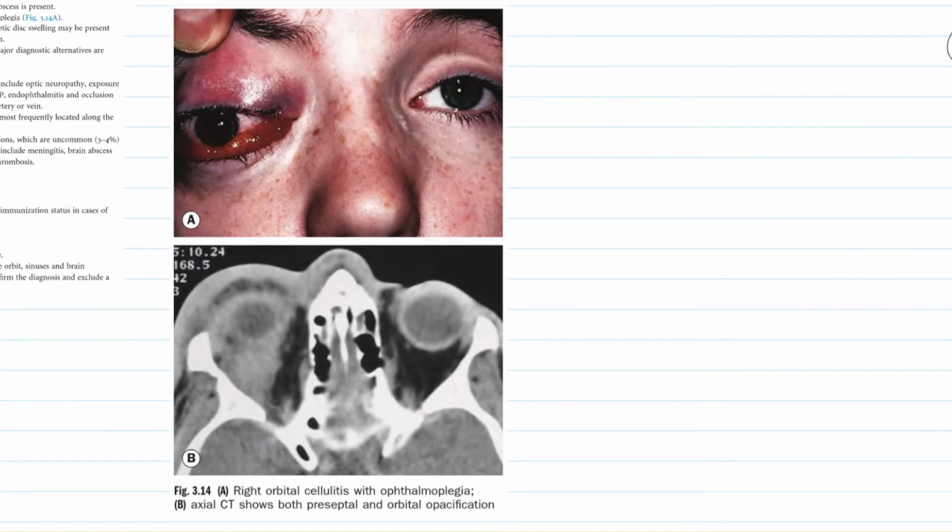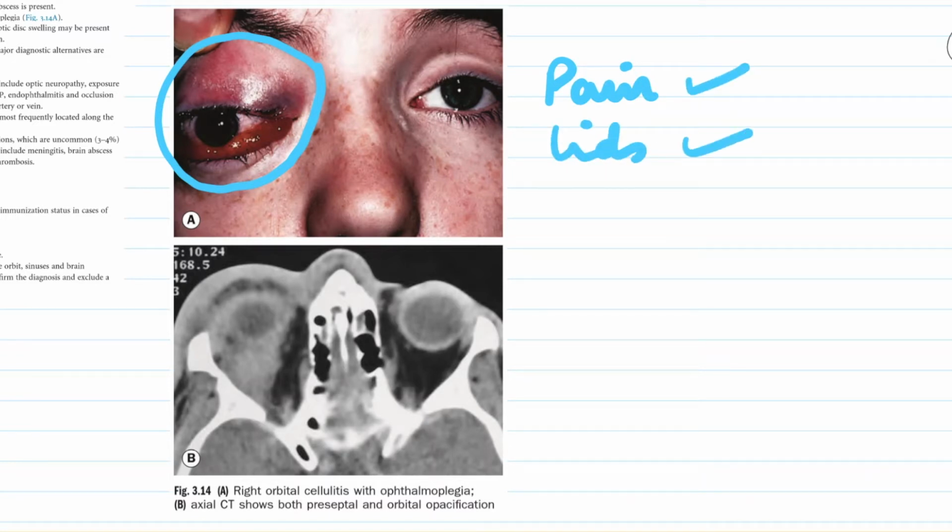So now looking at this, it looks like a typical presentation of a bacterial cellulitis. The patient will probably be talking to you about pain, and then you can see there's a painful erythematous reddish colored lid area in this part, and then you have some orbital fat that is also oozing from here.